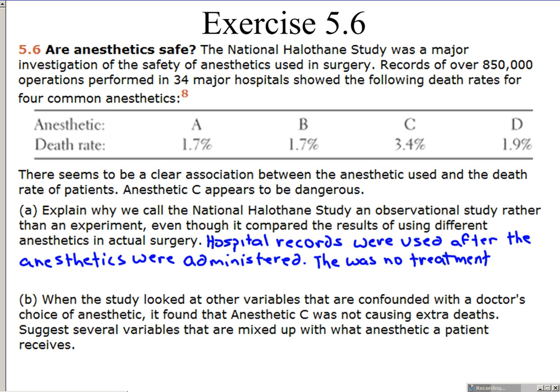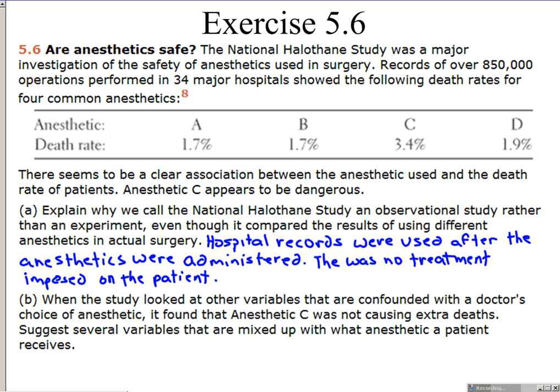There was no treatment imposed on the patient. So in other words, the doctors chose what anesthetic they believed would be the best to use for whatever the surgery was. And then after the fact, we went back and looked at all the hospital records, saw that there were 4 different types of anesthetics used, and we noticed these 4 death rates depending on which one the doctor chose to use. It wasn't a treatment that was forced upon them.